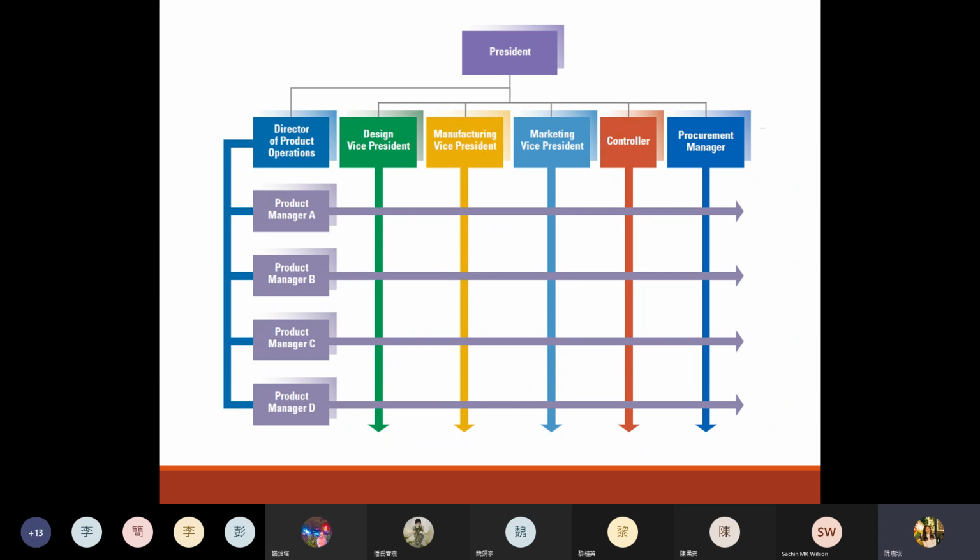This is the most challenging, most obvious difficulty for people working in a matrix structure. Sometimes it's confusing, and they don't know for this kind of issue or this kind of decision who they should report to and who should be in charge to make the decision.